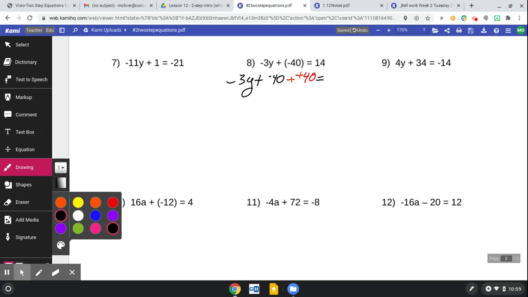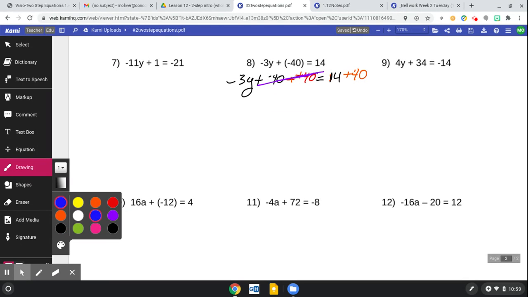And we are really adding 40 to both sides. Okay. All that does is make these two cancel. And then we follow the integer rules on the other side of the equal sign.